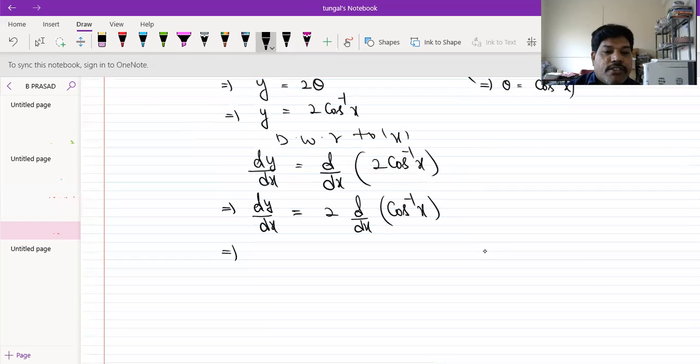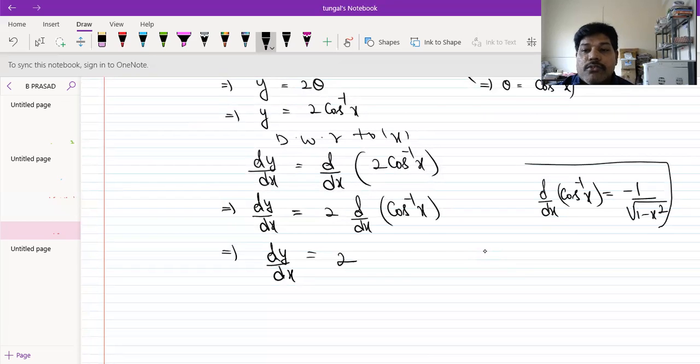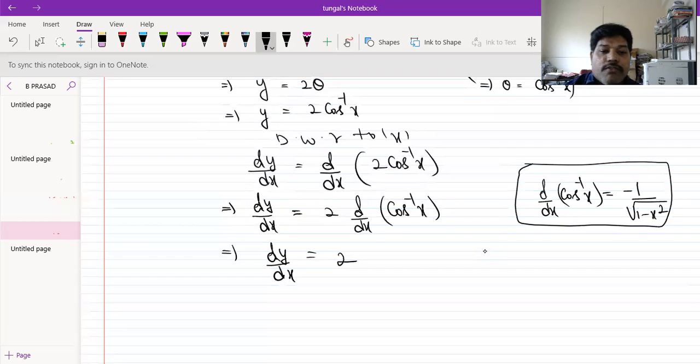So dy by dx is equal to 2 into, what is the derivative of cos inverse x? Write the formula down on one side. The derivative of cos inverse x is nothing but minus 1 by root of 1 minus x square. Learn these formulas by heart, students.